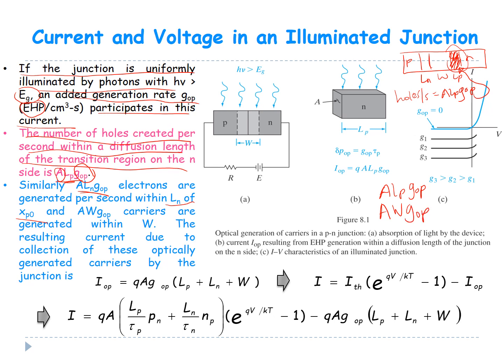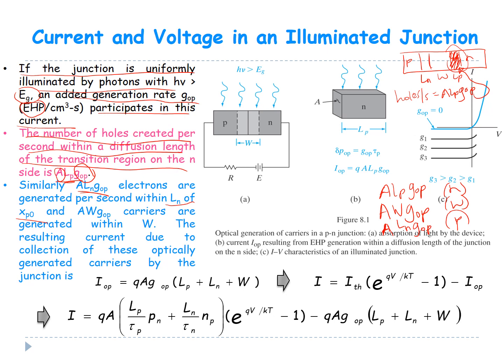So this is the N side, this is within W, and on the P side we also create A Ln GOP. So that's kind of easy to get.